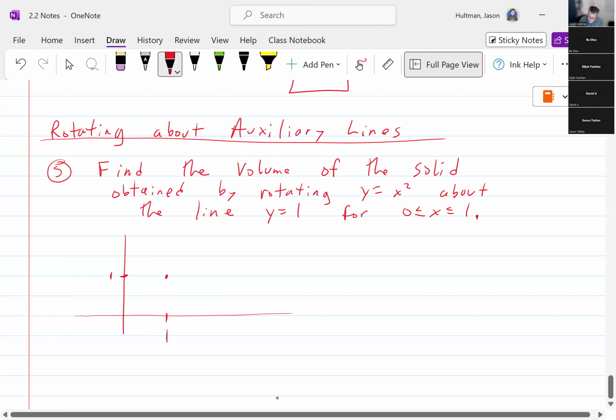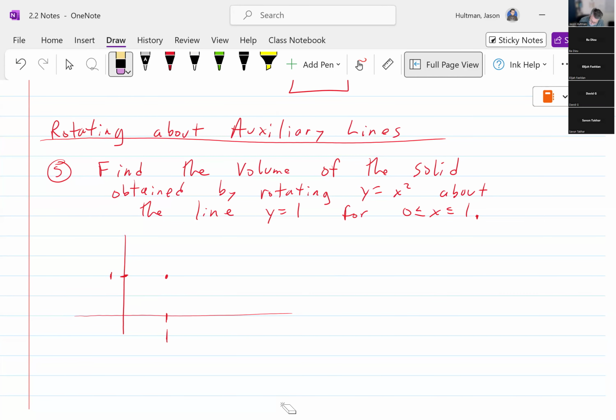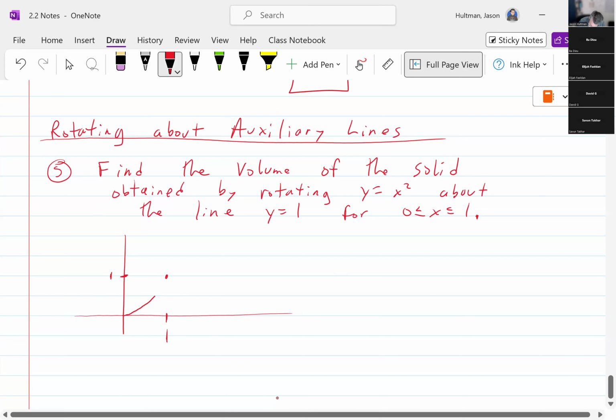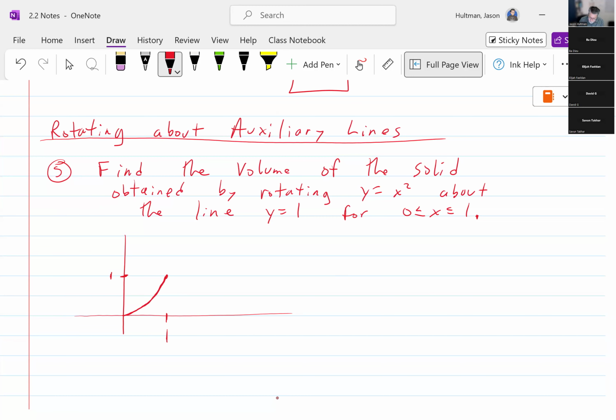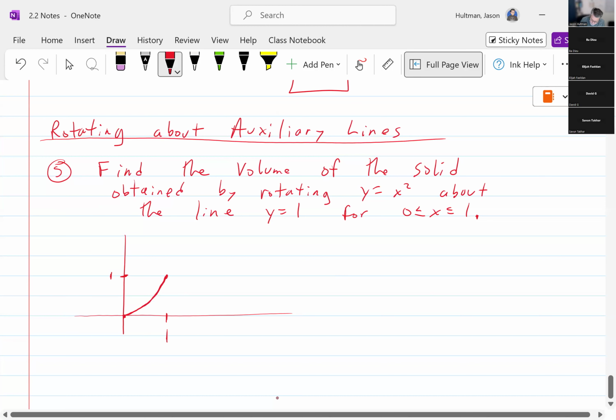Okay, I'm gonna get my parabola, which is gonna look like this, a little bit bowed out. There we go. Then I'm gonna take this curve from 0, 0 to 1, 1, and I'm gonna rotate it around the auxiliary line y equals 1. I'm not rotating about the x-axis, I'm rotating now about this auxiliary line.